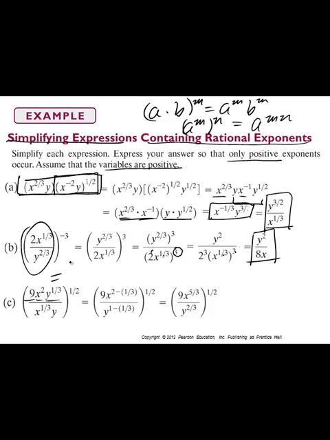So in the numerator, you would have 3 times x times y to the 1/6 power over x to the 1/6 power times y to the 1/2 power. And then we've gotten to where we're going right here.